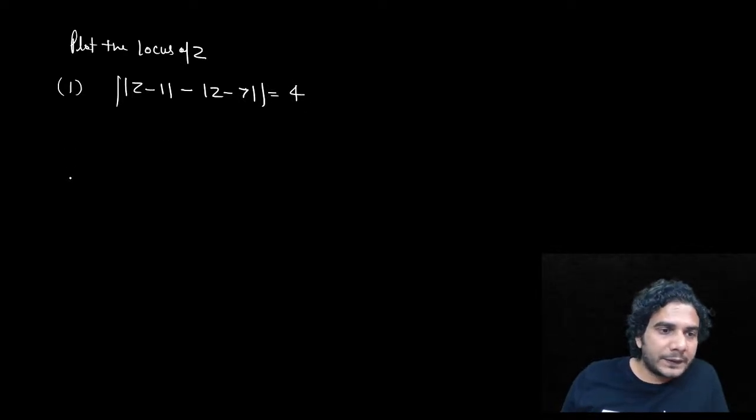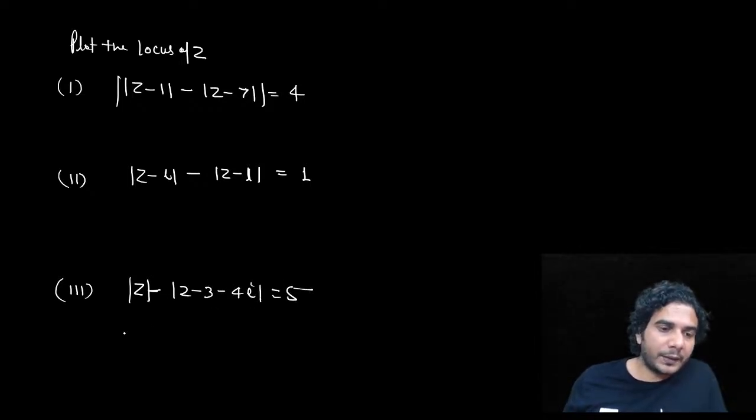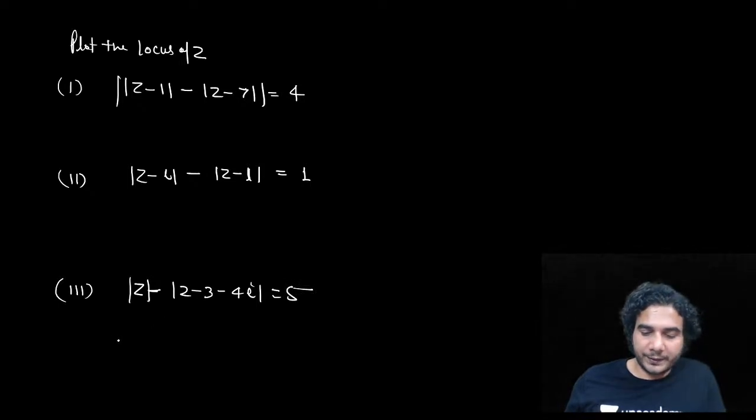Second is mod of Z minus iota minus mod of Z minus 1, whole mod, is equal to say 1. And third is mod of Z minus mod of Z minus 3 minus 4 iota is equal to 5. All right, plot this. You need to plot these three.